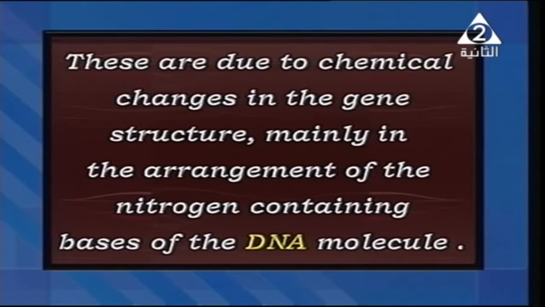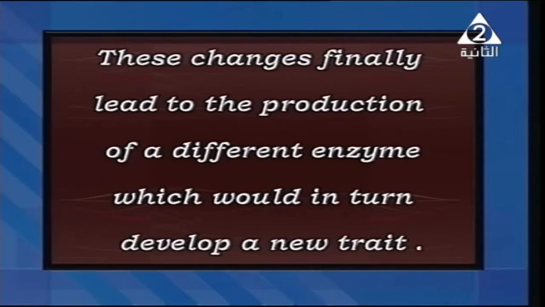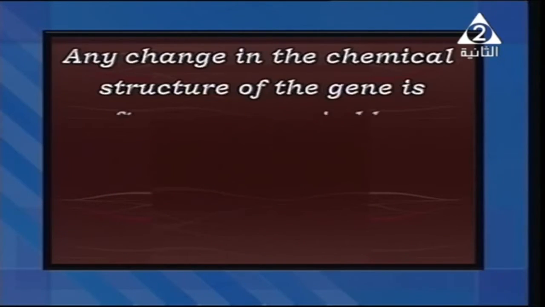The genetic or the gene mutation, okay? And also it may happen chemically. These changes finally lead to what? Production of different enzymes, which would in turn develop a new trait, gives us another trait, okay?